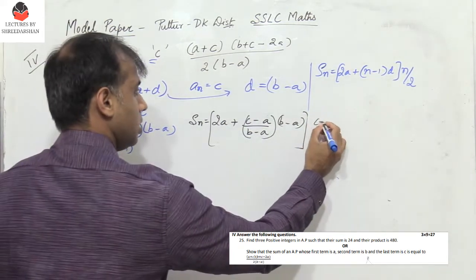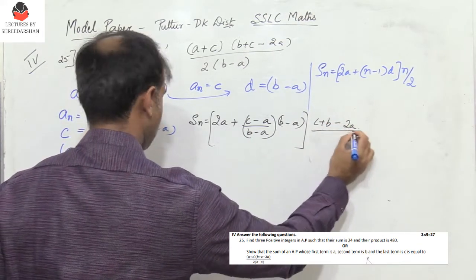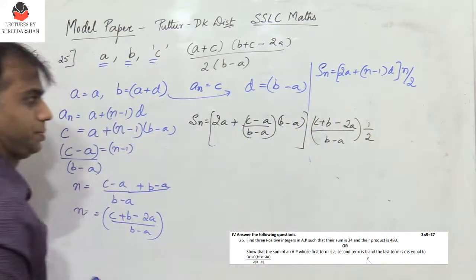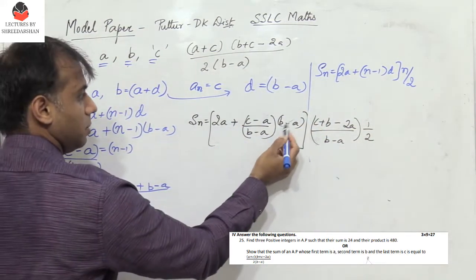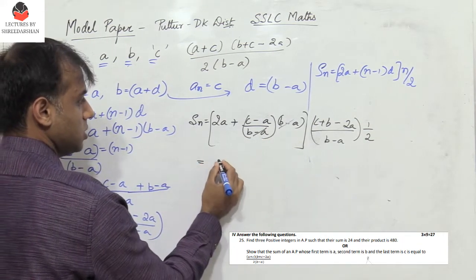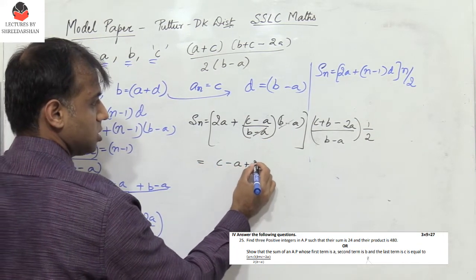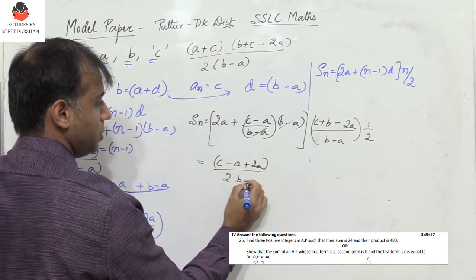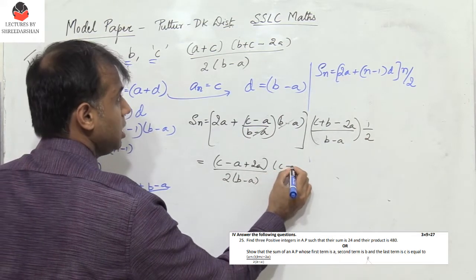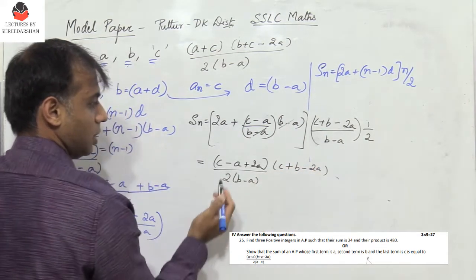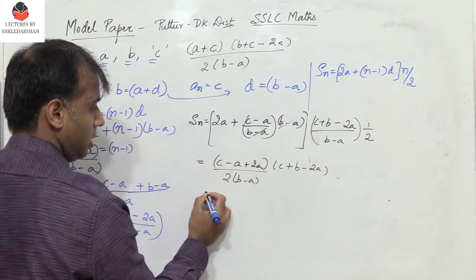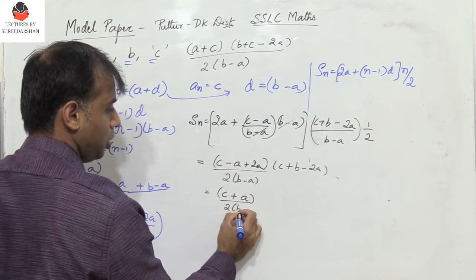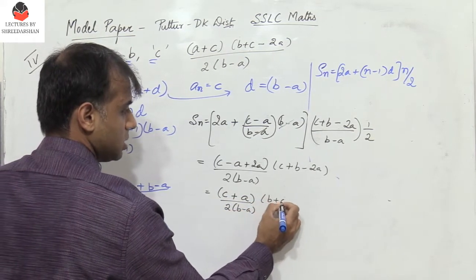So I have c plus b minus 2a divided by b minus a into 1 by 2. So observe here, b minus a gets cancelled. So I have c minus a plus 2a, right? And then I have divided by 2 into b minus a, and then I have c plus b minus 2a. So you have 2a minus a, which gives me c plus a divided by 2 into b minus a into b plus c minus 2a.